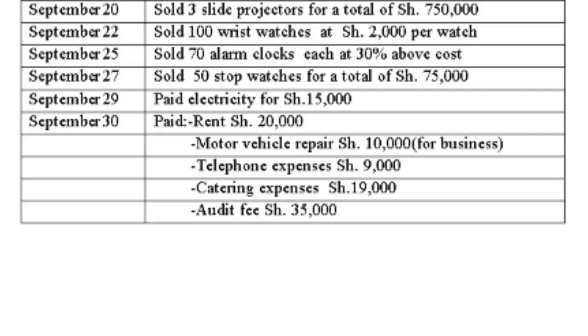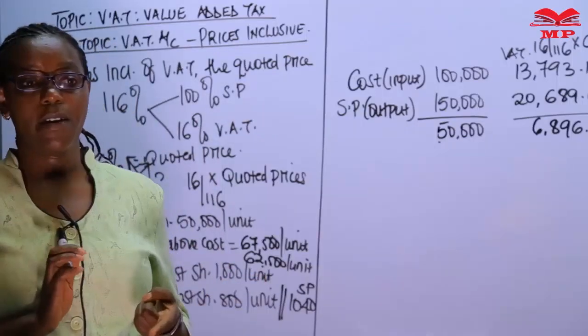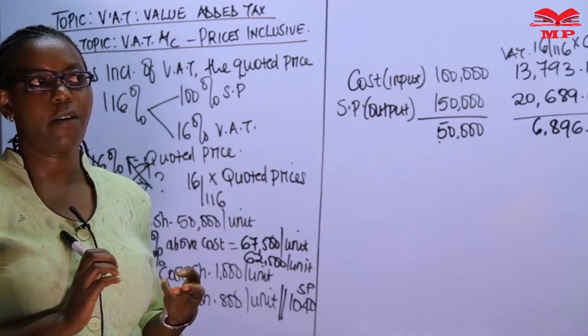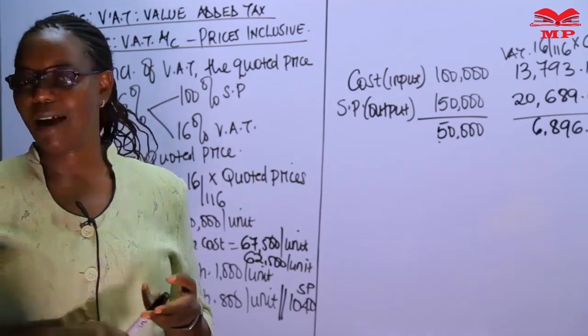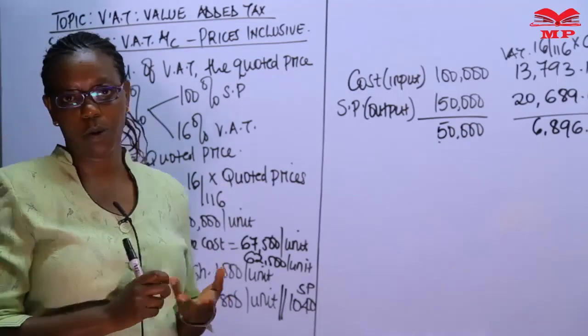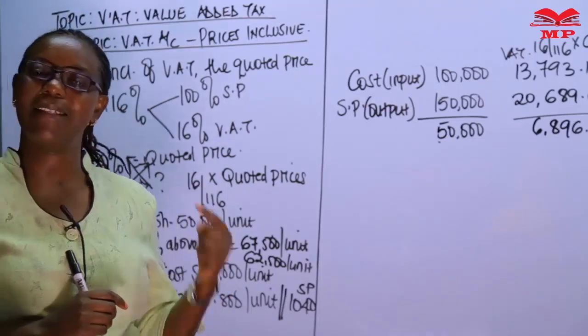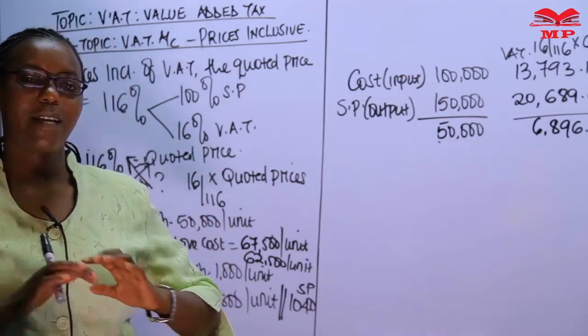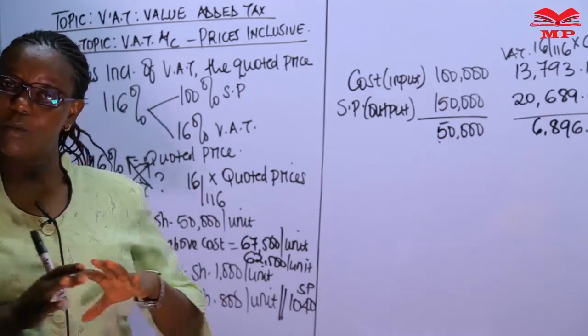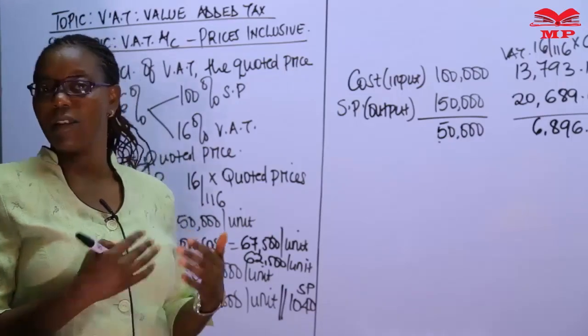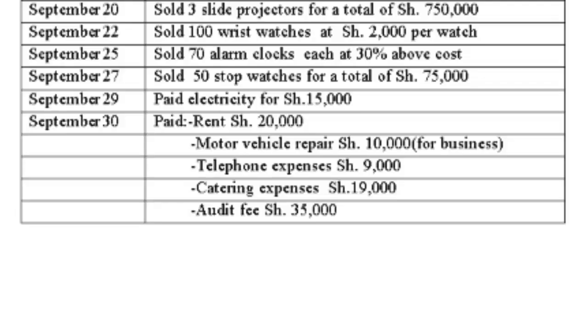Then motor vehicle repairs is 10,000 for business. We said that for repairs, when you're repairing vehicles and servicing parts of vehicles, you will not be able to deduct input VAT unless those vehicles are used in the supply of taxable goods, or they are facilitating the supply of services. So for this, it is written in brackets that it is for business.